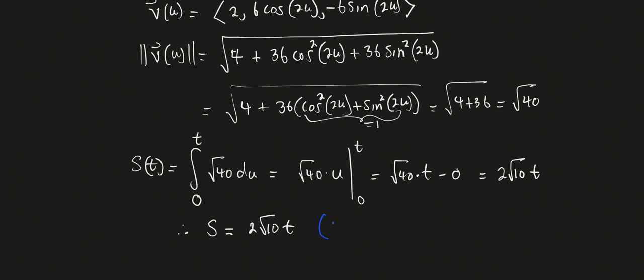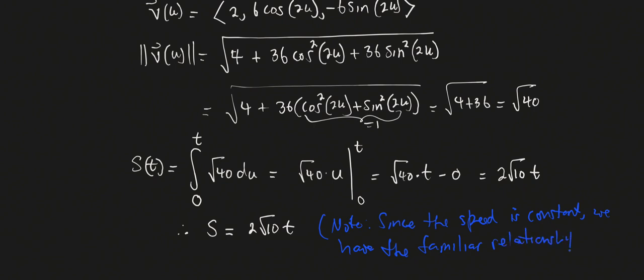So I'll just make a note here that, since the speed is constant, we have the familiar relationship or formula that distance, I'll write it out in words, is equal to your speed times time.